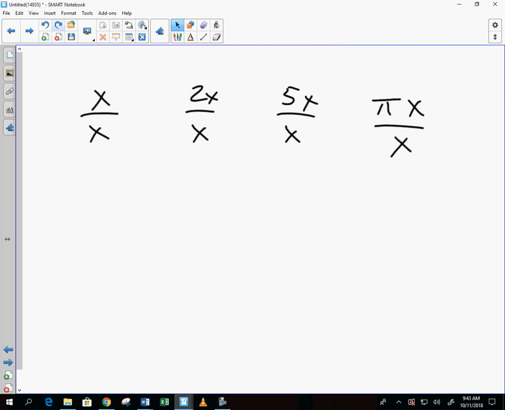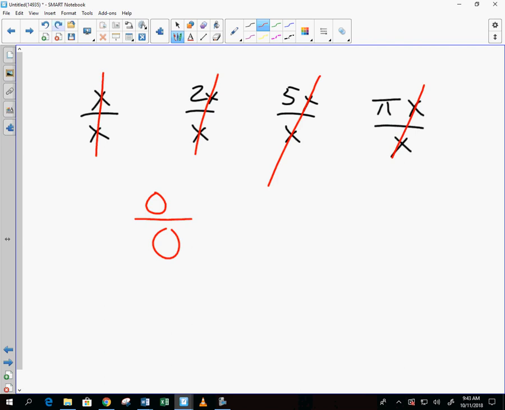If you plug in 0 for x for any of these, what do you get? No, you get 0 over 0. But what is it? What is this actually equal to? 1. What's this actually equal to? But they were initially all 0 over 0.